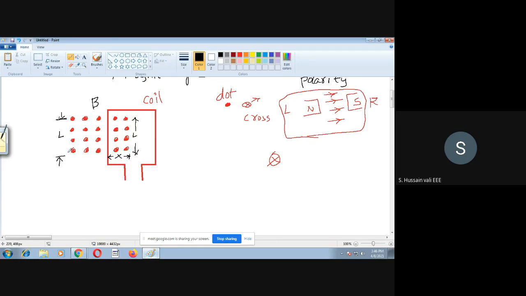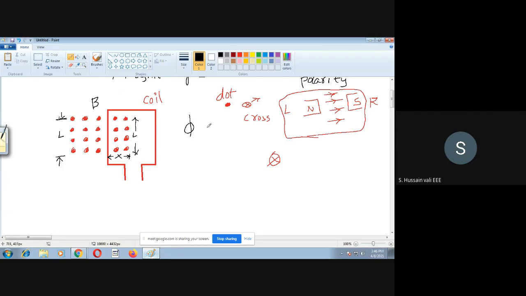We should not worry about the remaining flux lines which are outside the coil, only the flux lines which are inside the coil. The dimensions of the flux lines inside the coil are L and X, L is one side, whereas X is another side, and the flux density of these flux lines is B.